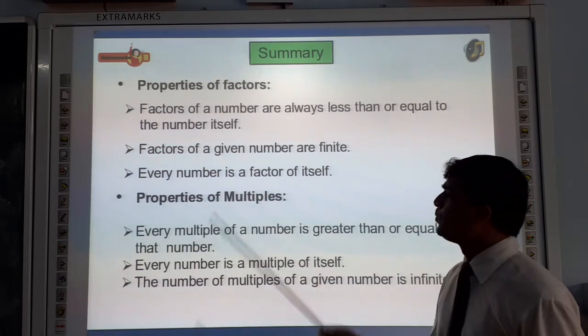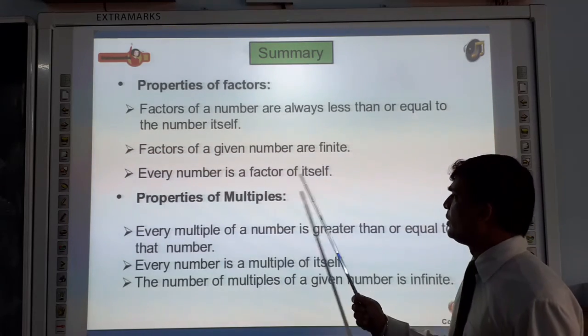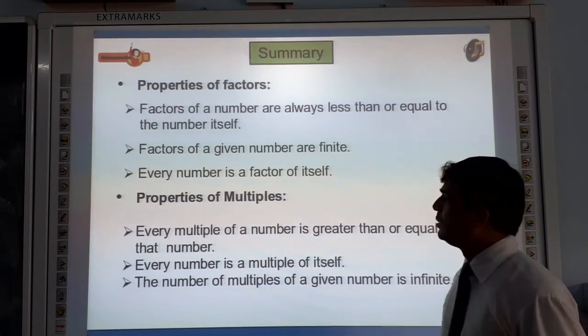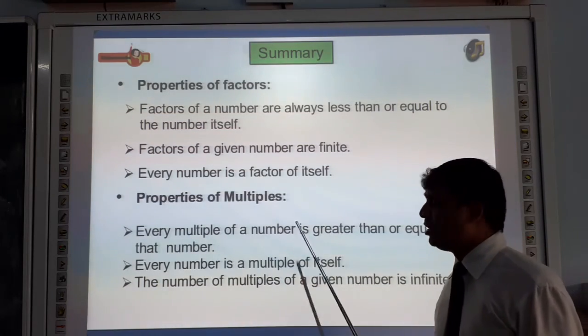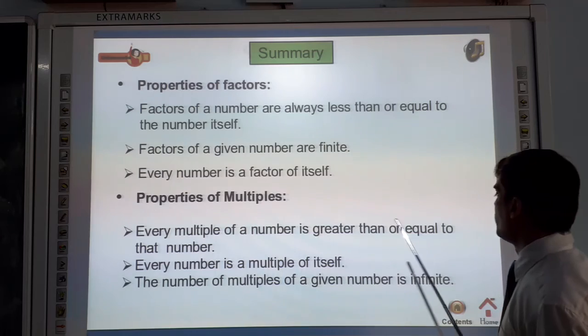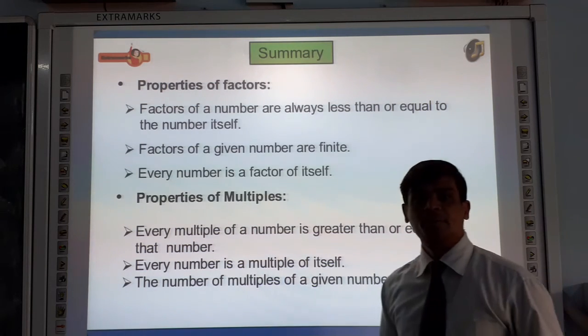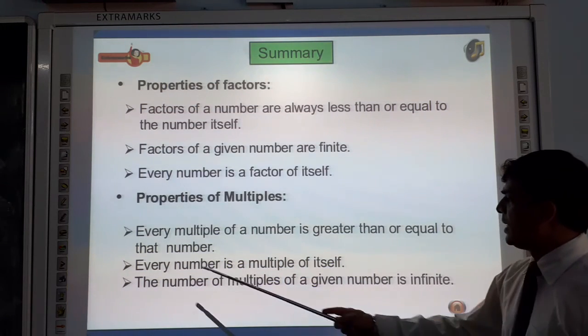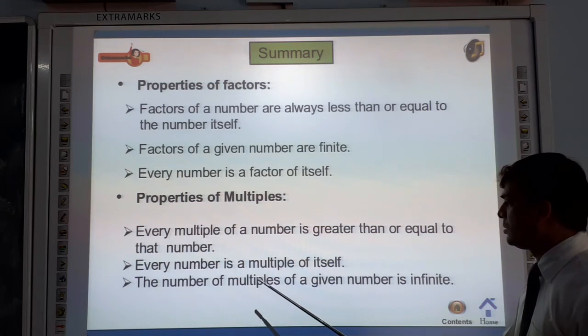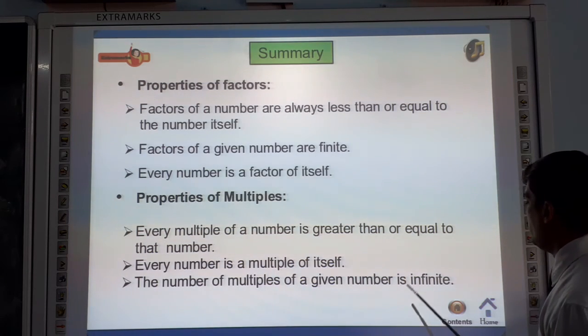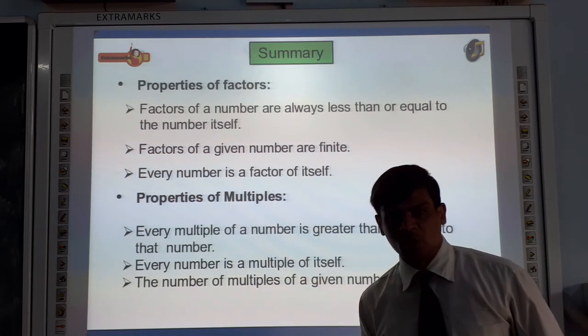Next, every number is a factor of itself. Properties of multiples. First, every multiple of a number is greater than or equal to that number. Next, every number is a multiple of itself. And last, the number of multiples of a given number is infinite.